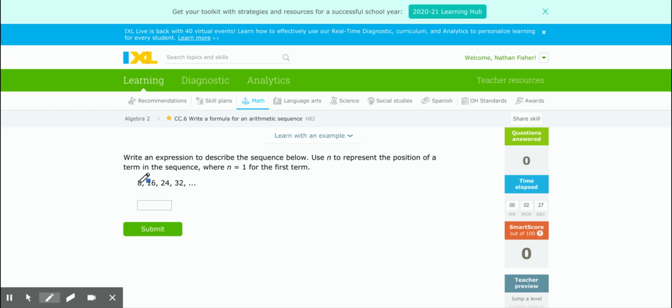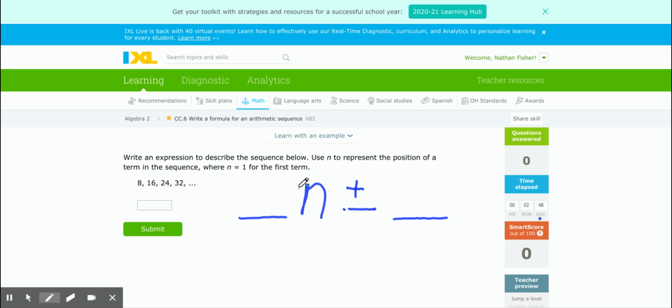So this would be step 1, step 2, step 3, step 4, and so on. Each time we're going to have a similar setup of a blank times n and then plus or minus some other blank.